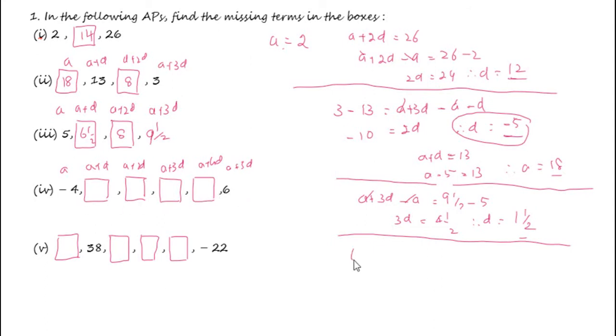So 6 minus of minus 4, that is plus 4, equal to A plus 5D minus A. A cancels. So 10 equal to 5D, therefore D equal to 2. Once you know D, then minus 4 plus 2, that is minus 2, plus 2, 0, plus 2, 2, plus 2, 4, and next is 6.